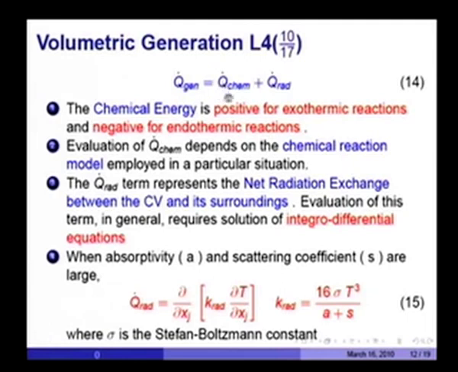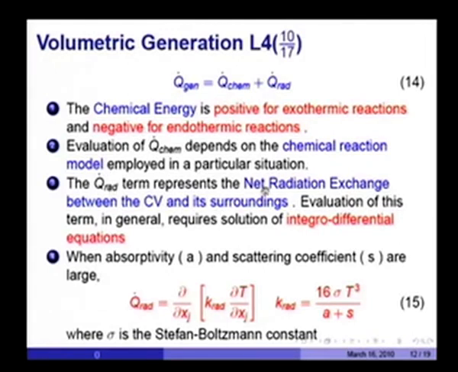So, Q dot chem would be positive in case of exothermic reactions, and it would be negative in case of endothermic reactions. So, if you want to evaluate Q dot chem in a moving fluid, then one needs to postulate first of all the chemical reaction model that is being employed. And there are a variety of chemical reaction mechanisms of different levels of complexity. We shall see all this when we come to the study of mass transfer.